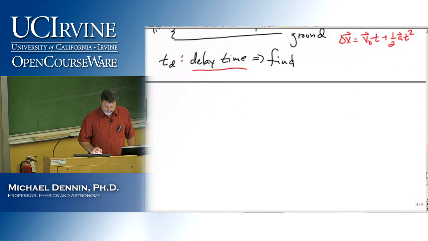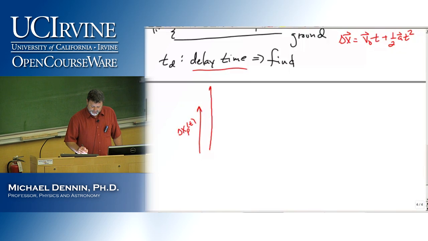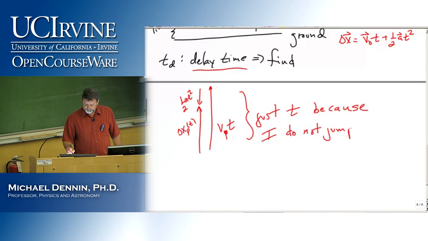I jump some total distance, delta xp, but I have a v naught t, we'll call it v sub p for the person, and I have a 1/2 at squared. Now it's just t because I do not jump during the delay.